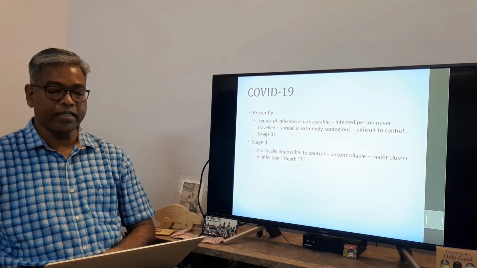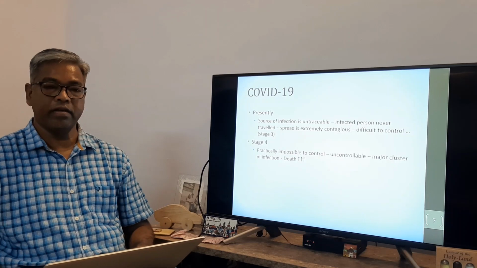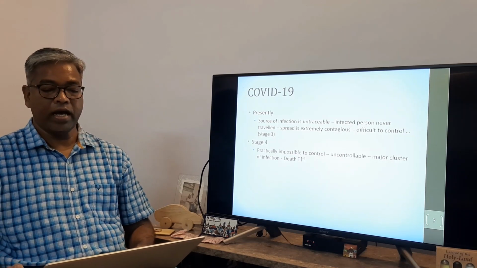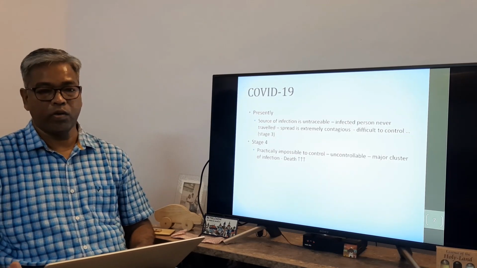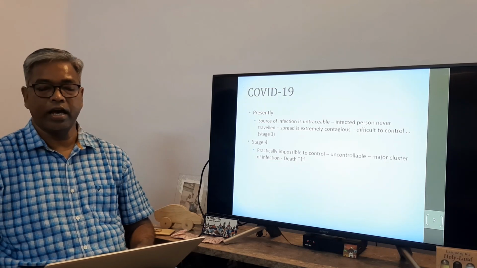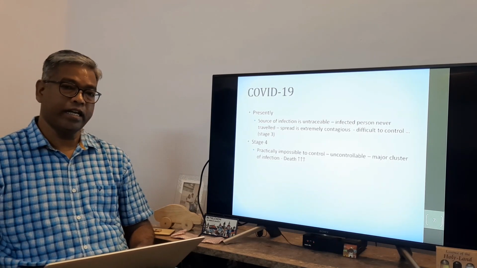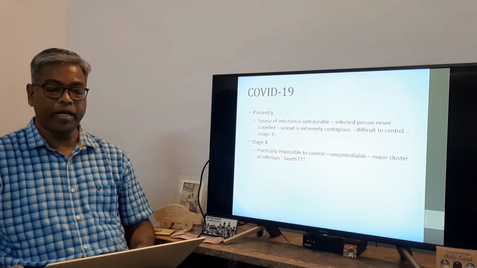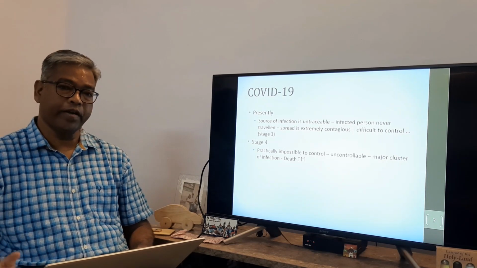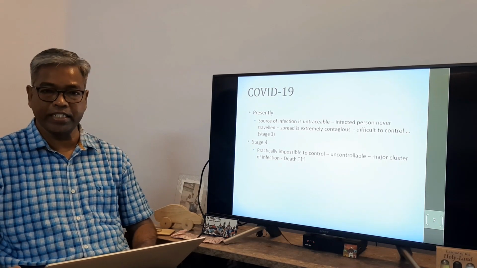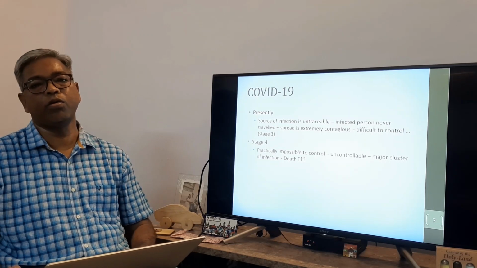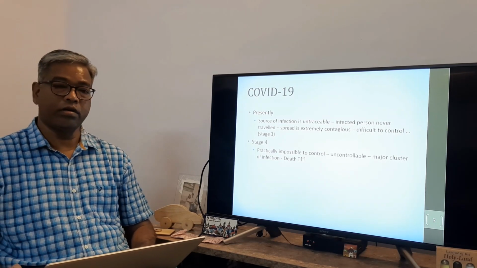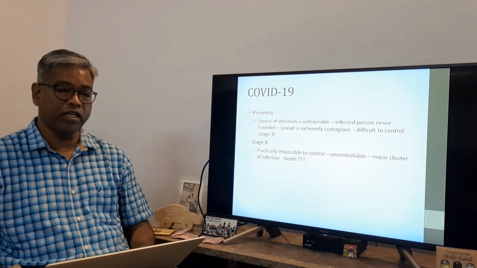And the spread is extremely contagious. It is infectious, and it is difficult to control. Even now, it is difficult to control. I am in Ranchi, and I see how many people have been affected, and in the last about 70 days or so, I personally know of over 40 deaths.